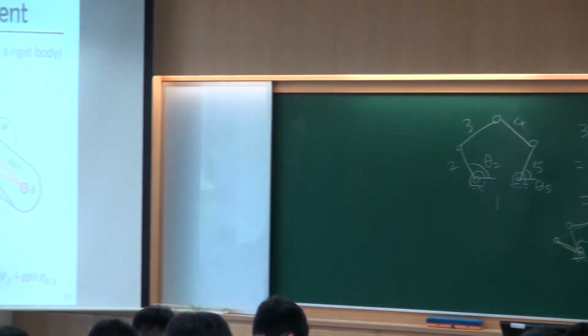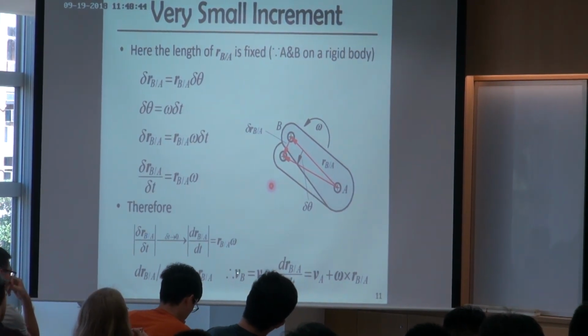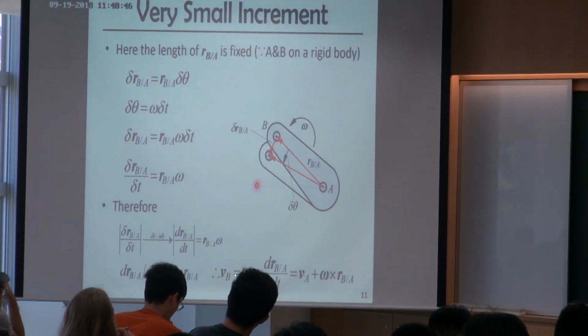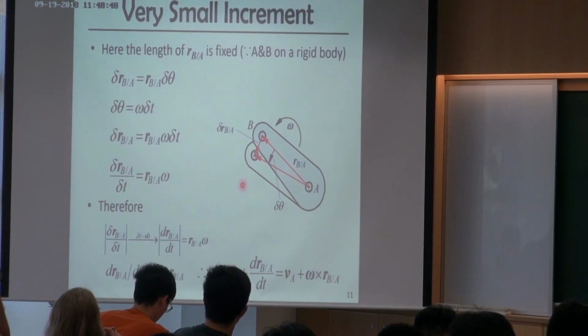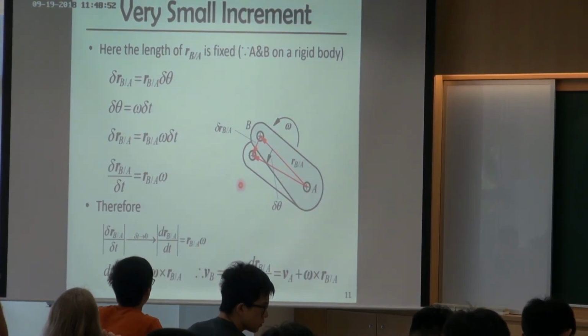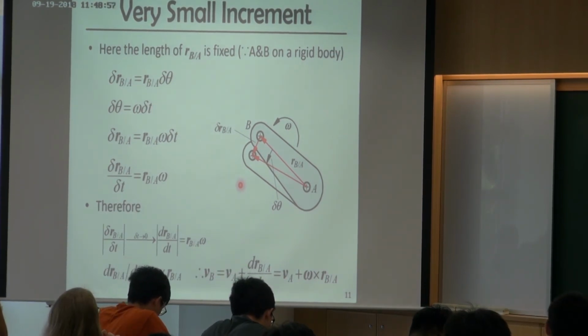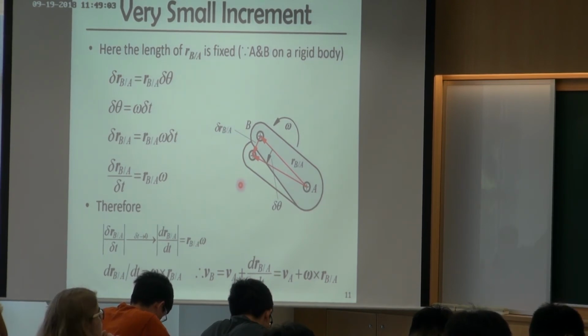So back to the equation we found in the previous page. Previously, we found that VB is a vector: VB equals VA plus the derivative of RBA over dt. But right now for this rigid body link, we can represent this term in this form, in terms of omega, which we may know.